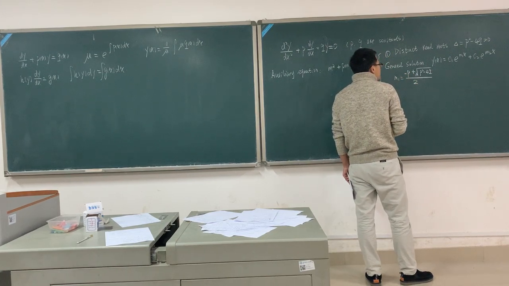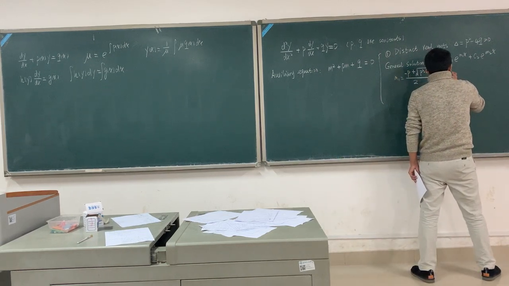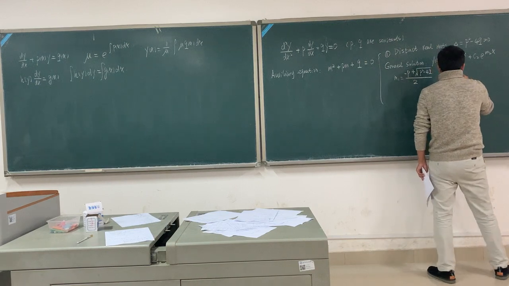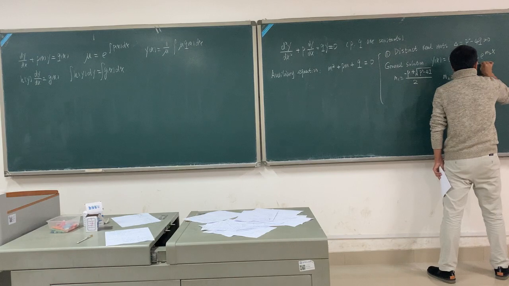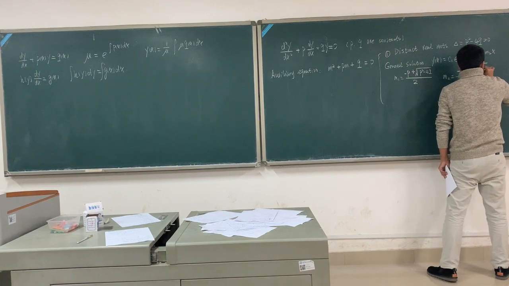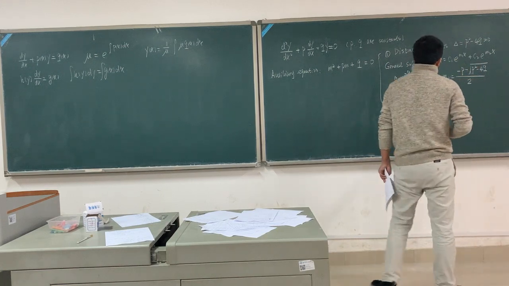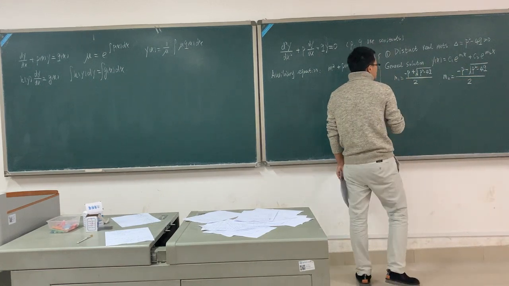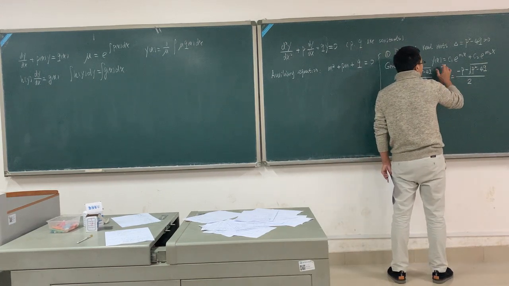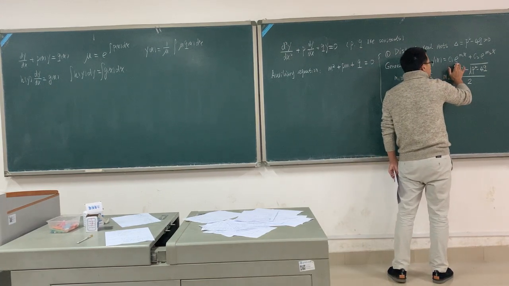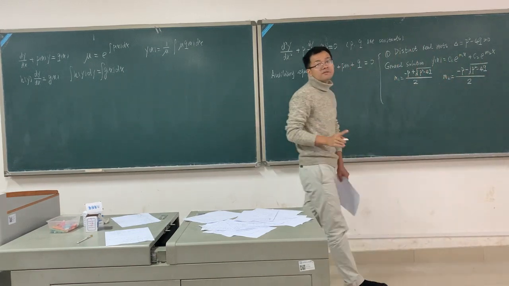This is m1, and m2 is minus p minus the square root of p squared minus 4q, by 2. So the solution is y(x) equal to c1 e^(m1 x) plus c2 e^(m2 x). This is the first case.